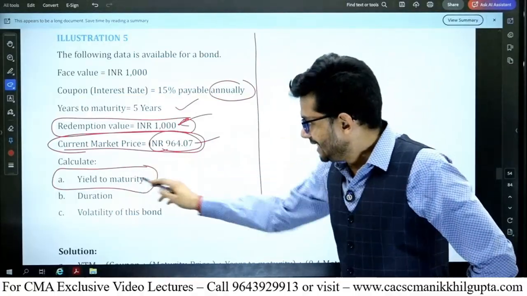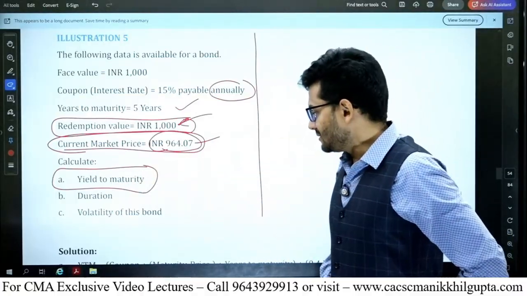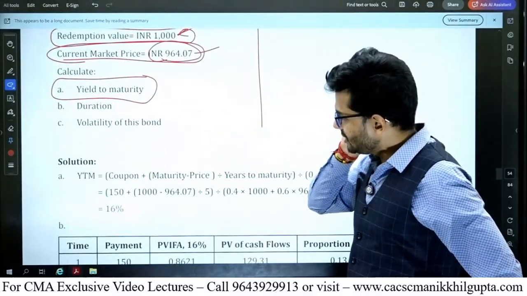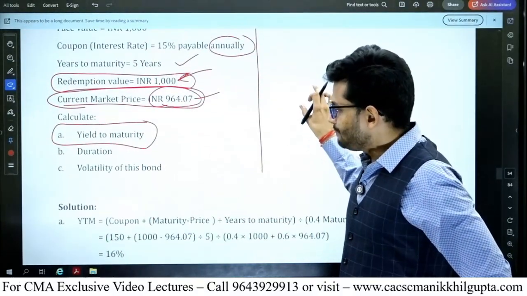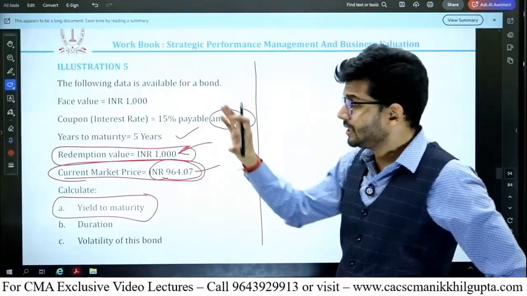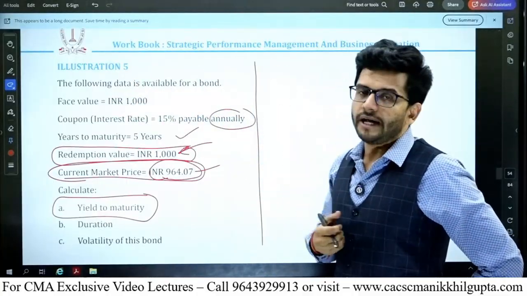We'll compute the yield to maturity in this particular case, and the formula which we'll use is that first of all, tell me what will be the annual income that we are going to get.